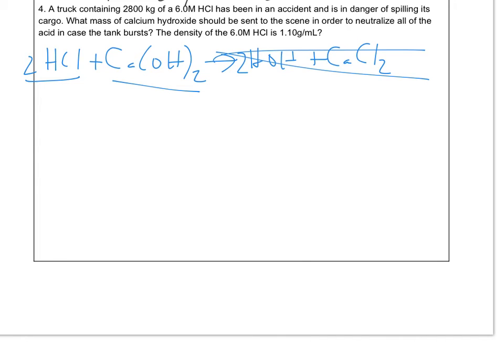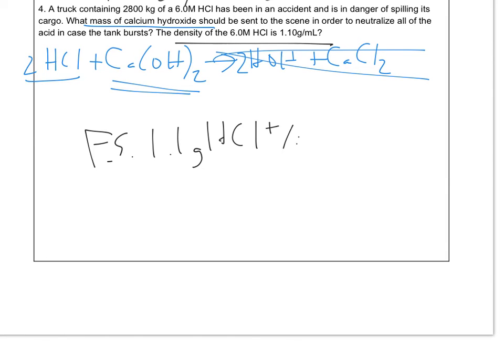All right, and it tells us that we want to know what mass of calcium hydroxide we should send. So we're going to send some solid of this. All right, so they give us the density of this stuff. So we're going to say, for every 1.1 grams of HCl, there is 1 milliliter of HCl solution.